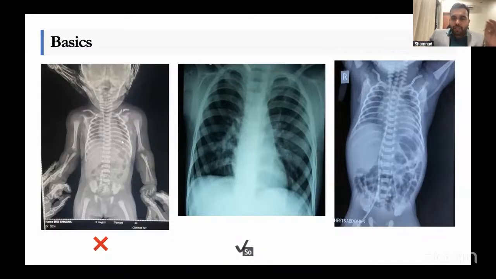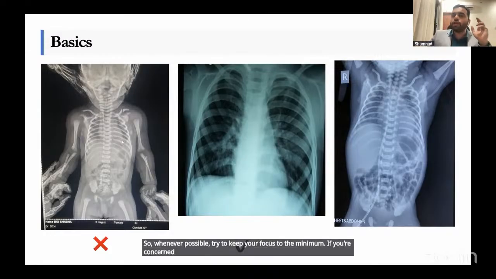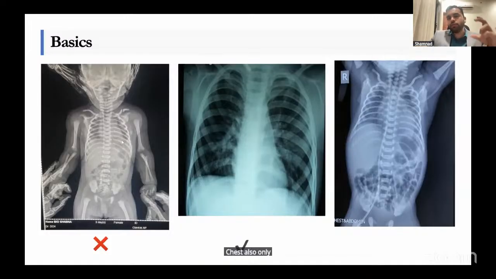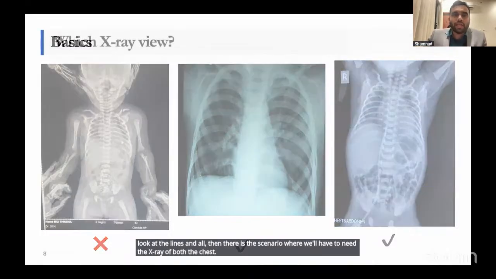Whenever possible, try to keep your focus to the minimum. If you are concerned with the pathology of the chest, ask the technician for the chest film only. And if you need to look at the lines and so on, then there is the scenario where we need the X-ray of both the chest as well as the abdomen.